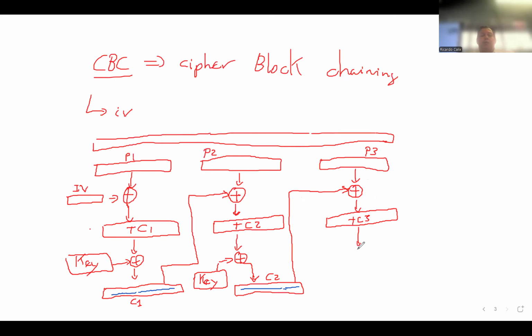Now we're going to do another XOR here with the key. Okay, and that produces the final C3 cipher block. And once we get here, we have a somewhat secure algorithm. So this one also, mark it in blue, right? And that's another one of the blocks that you would send.